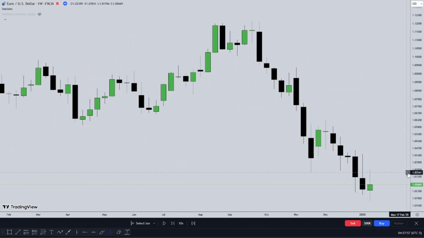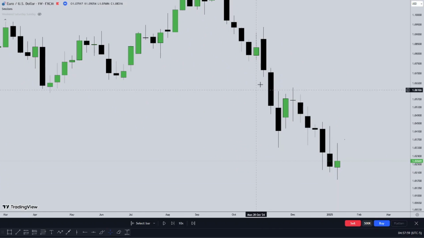On the weekly time frame, price did a trade lower, retracement to this fair value gap. And after this retracement to this fair value gap, price traded lower, running out sell side liquidity. I'm not going to identify the sell side liquidity. You all know that this is sell side liquidity. Price ran the sell side liquidity.